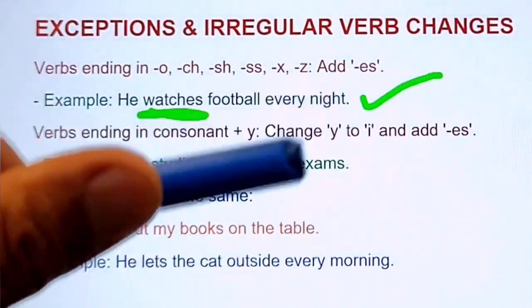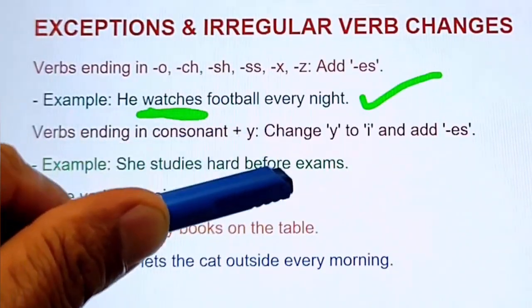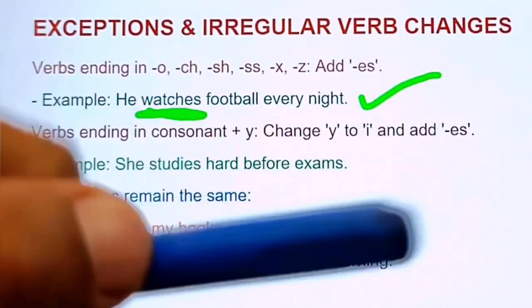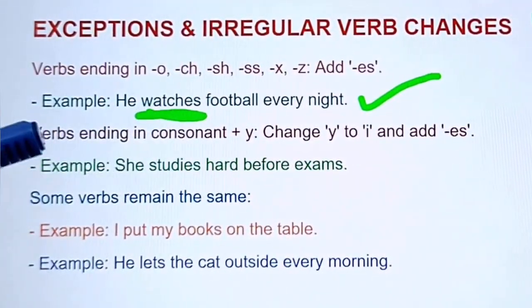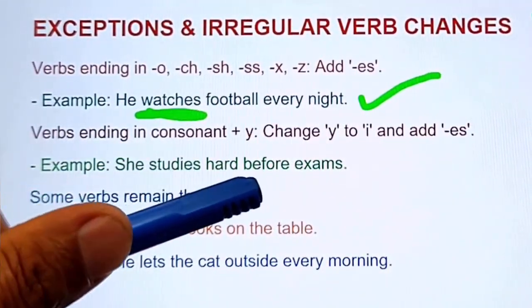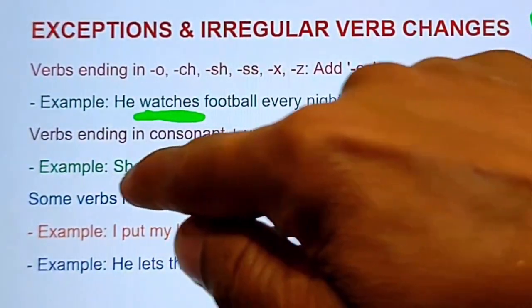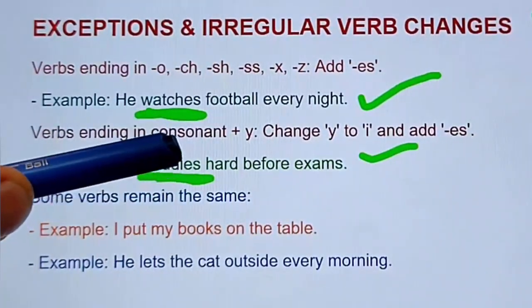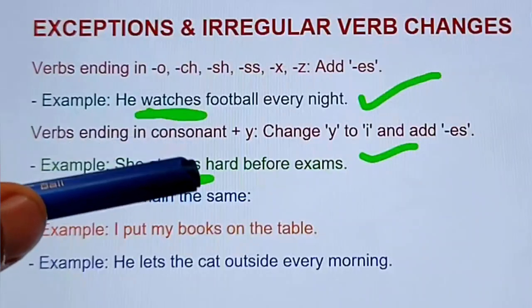But in some cases, verb ending in consonant plus Y, change Y to I and add ES. So like we have an example here, she studies hard before exam. Study is the base form here. Study ends with consonant D and Y is the last letter.